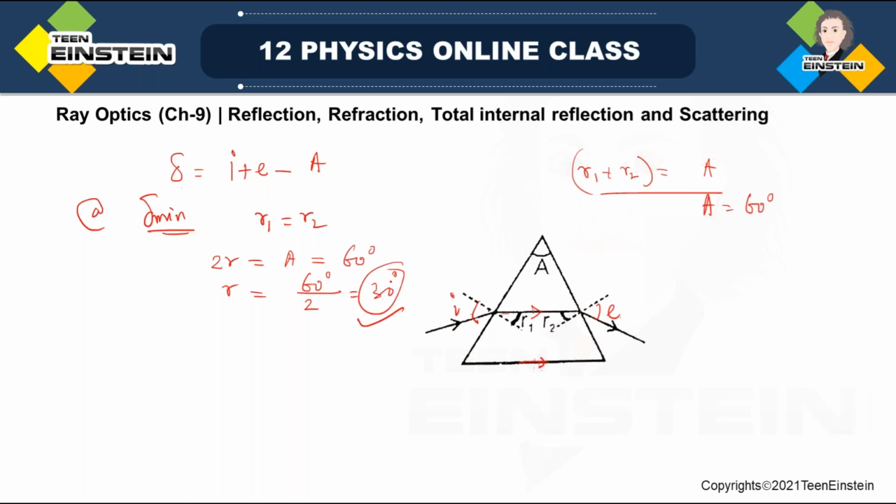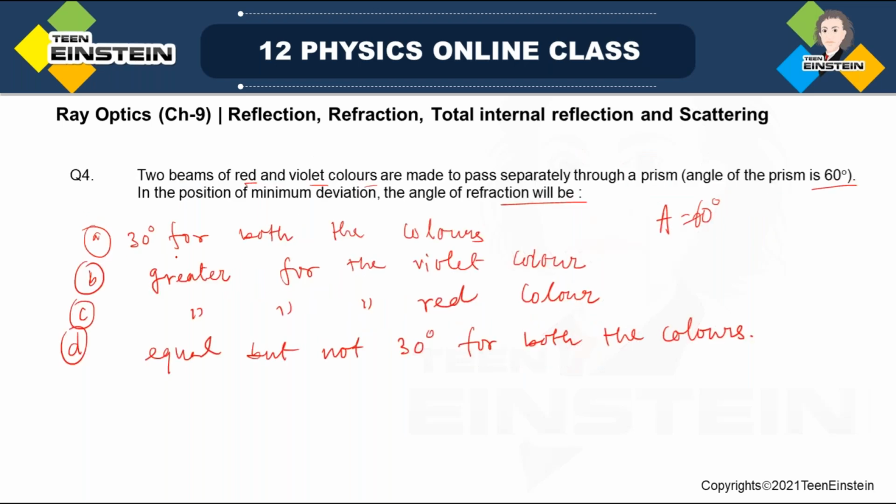The angle of refraction does not change for different colors, so the first option is correct: 30 degrees for both colors.